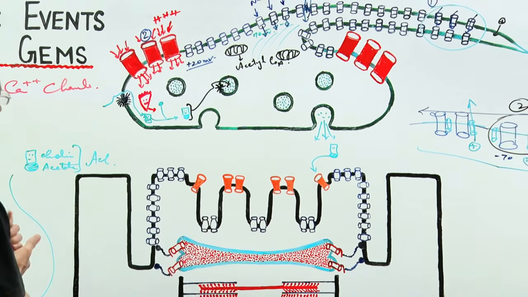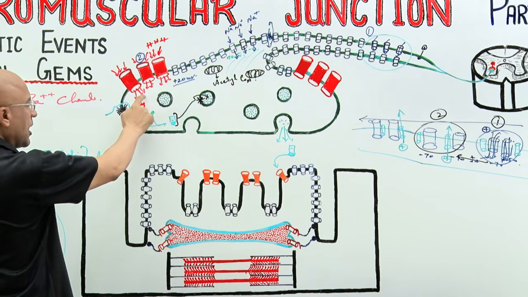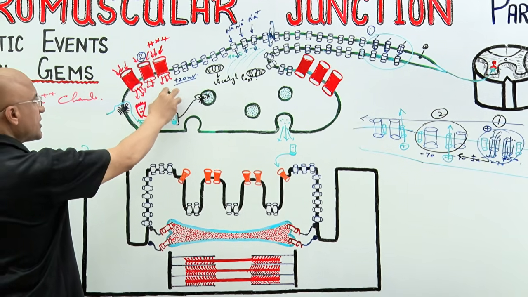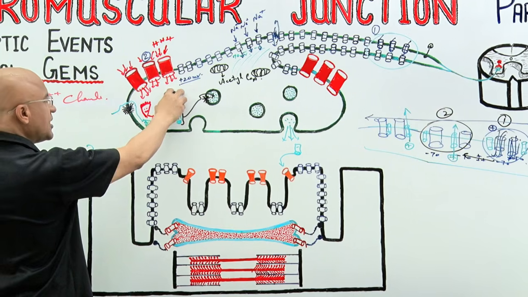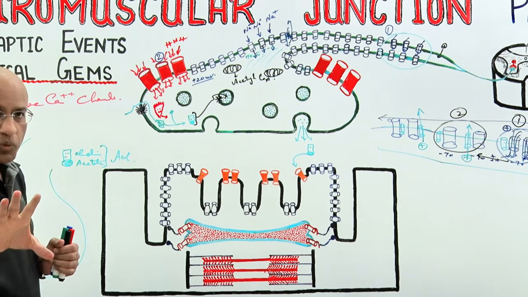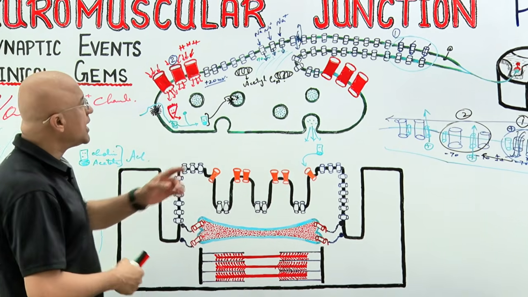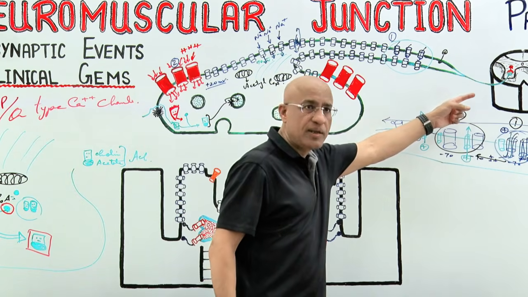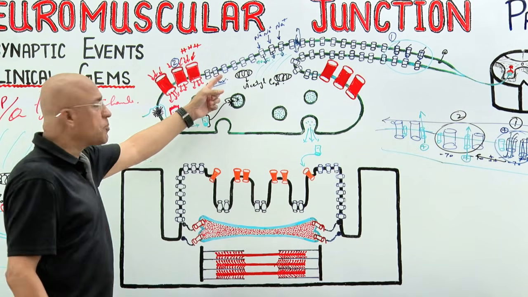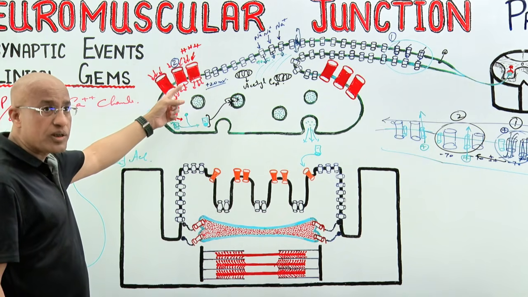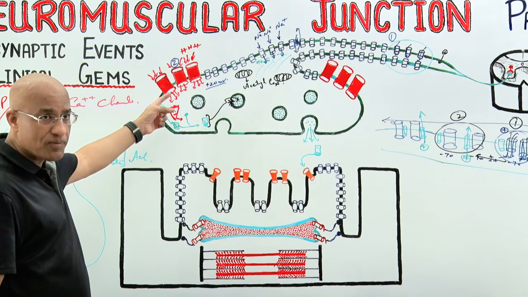Let's start with it. We know that in the nerve ending we already have vesicles loaded with acetylcholine. And we also know that when the alpha motor neuron is stimulated, the action potential propagates along the axon and eventually reaches the nerve terminal, right?